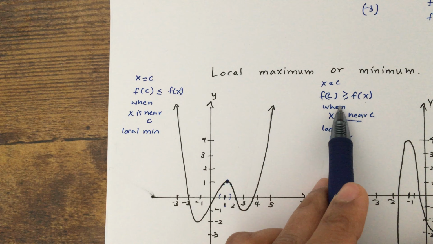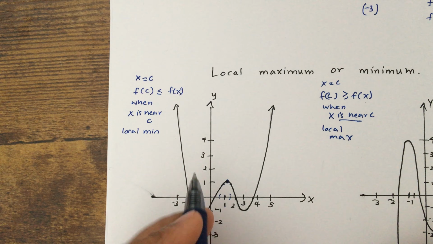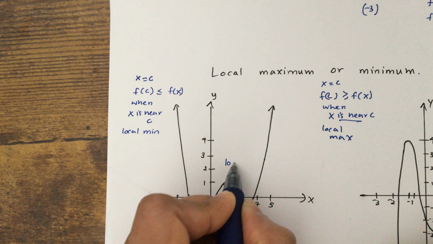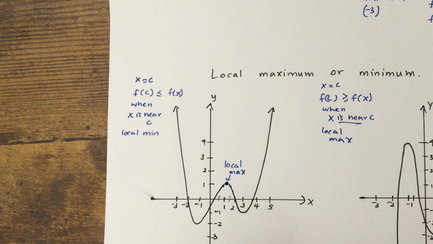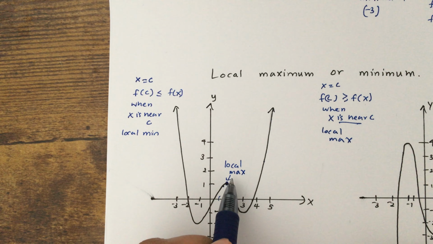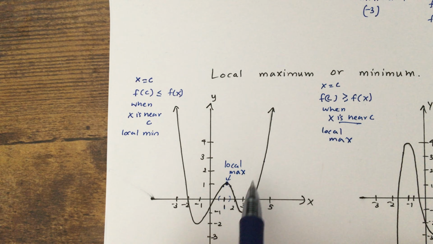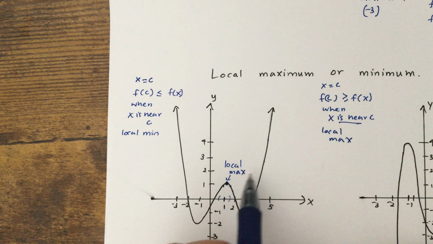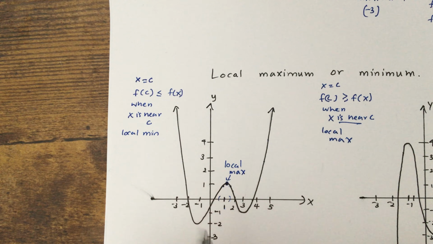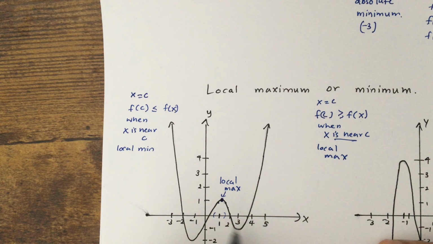So this condition is satisfied. Therefore we can say this one is a local maximum, right? It cannot be an absolute maximum. Why? If you consider this point, the y value is greater than this one, so it cannot be an absolute maximum, because for all x this one should be greater, right?